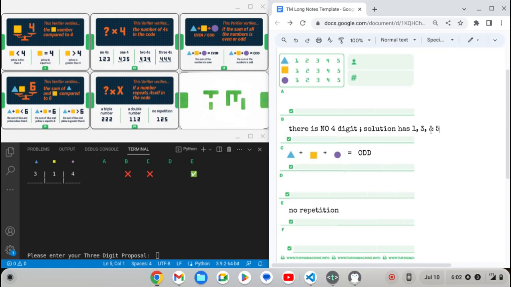We've already completed our 3 Turing tests, and so in addition to knowing that there is no 4, again, that means that they're all odd. So let me go ahead and cross out all of the even, so all the 2s and all the 4s for square, or triangle, square, and circle, since we're dealing with all odds.